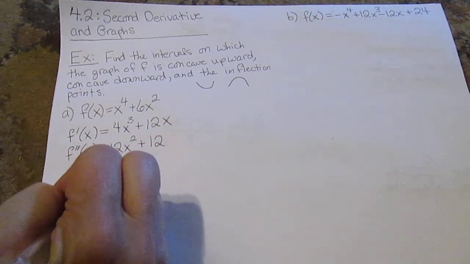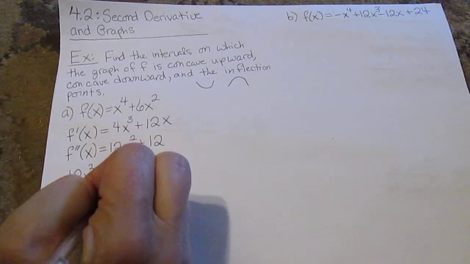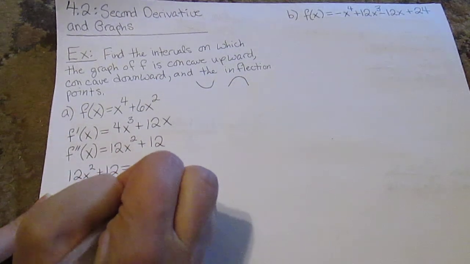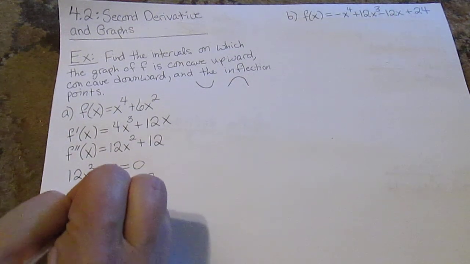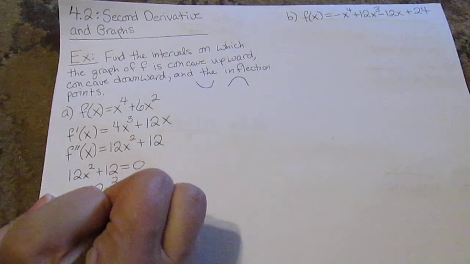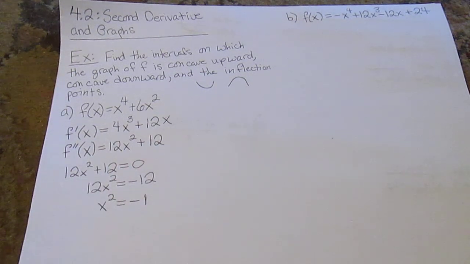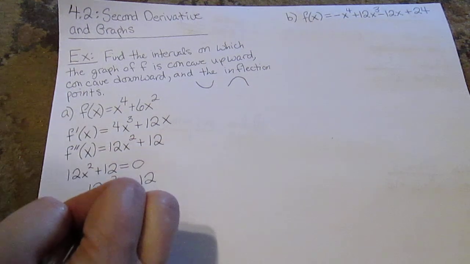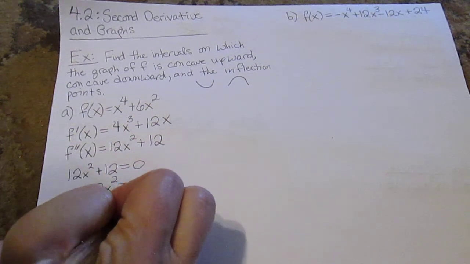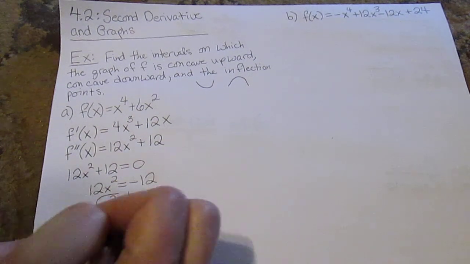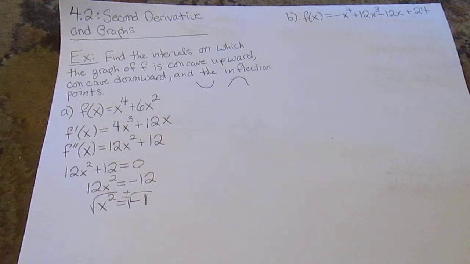All right, well, we'll set the second derivative equal to 0. So we get 12x squared equals negative 12. Divide by 12. Okay, well, when we take the square root of both sides, we're taking the square root of a negative number. So again, this one's going to have imaginary numbers. Well, remember what that meant when we got one like this in 4.1.